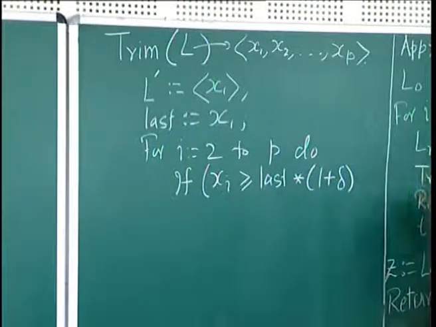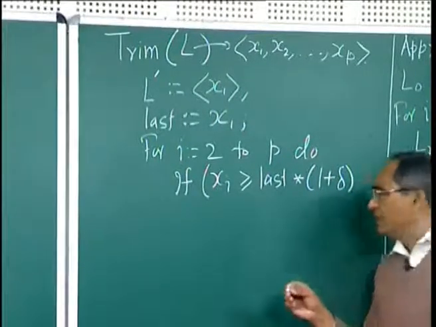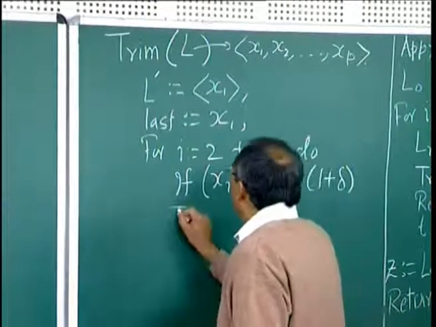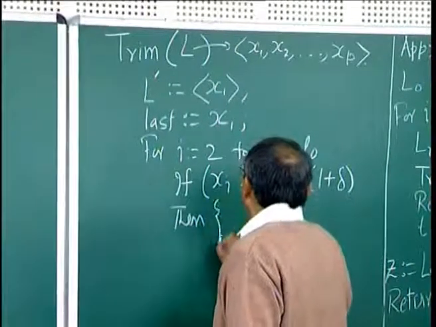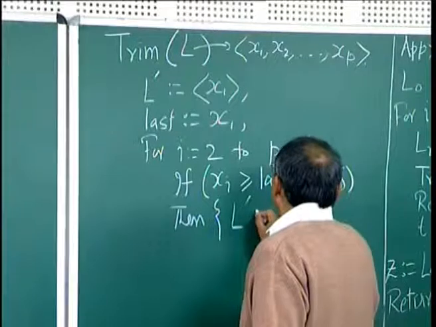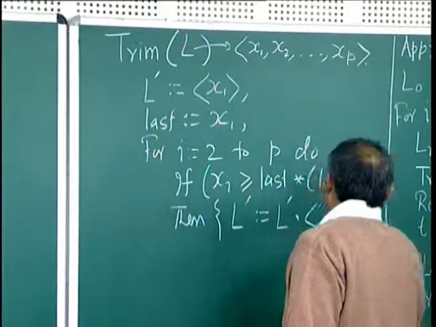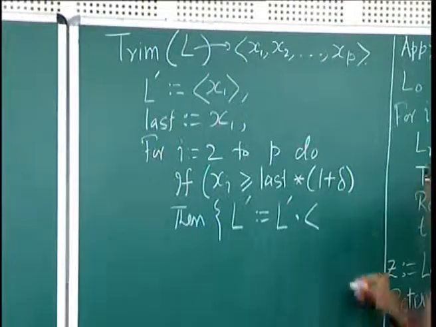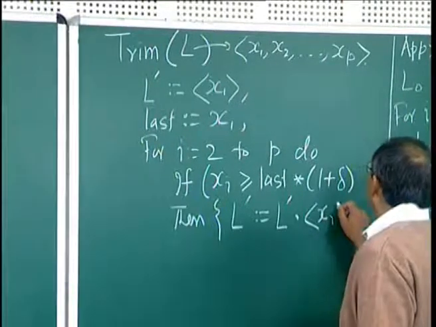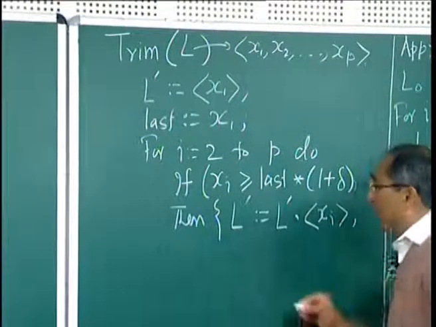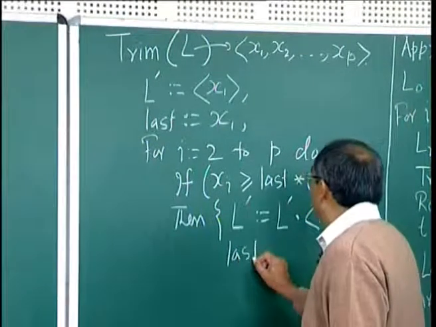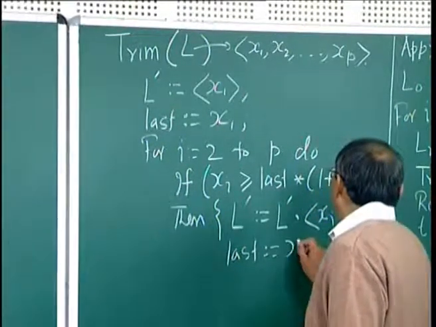So, then it is far enough. Then we are going to add it. Then L prime is appended with xi, we add this xi to the list and set last equal to xi.